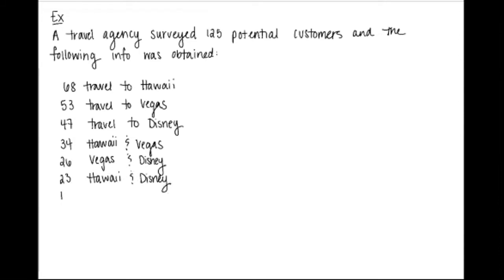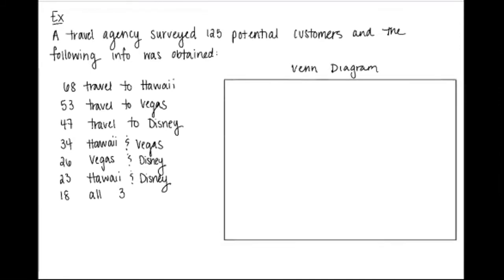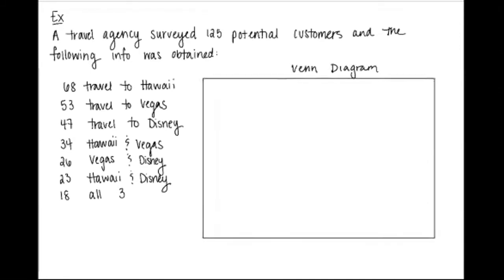And then 18 would travel to all 3. So I again want to construct my Venn diagram, and then I'm going to answer some questions. And I'll try to do all the math inside of the Venn diagram.